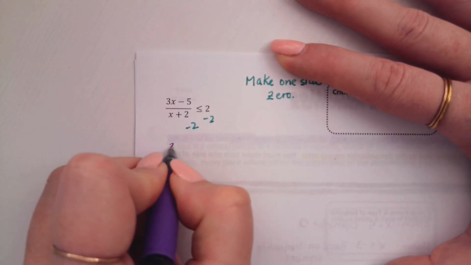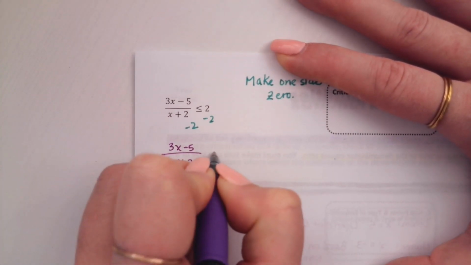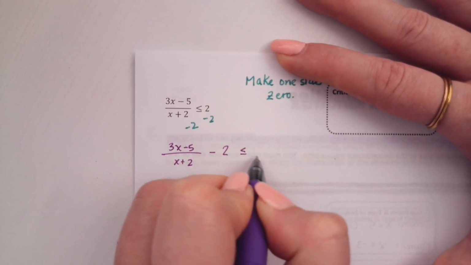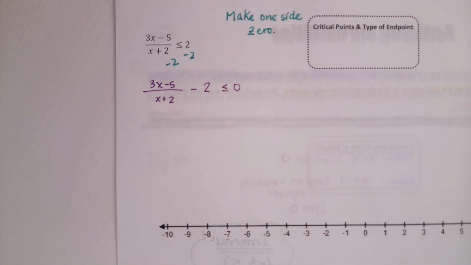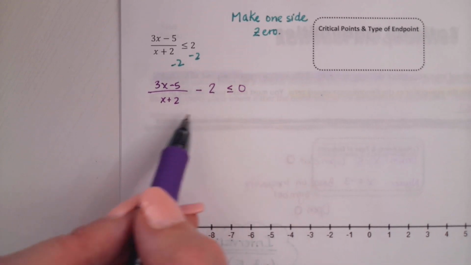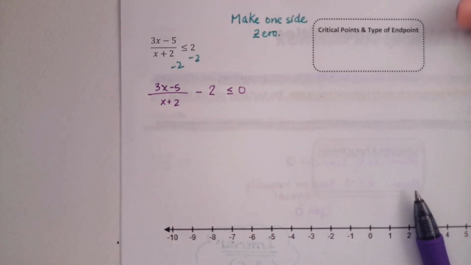So now I have (3x minus 5) over (x plus 2) minus 2 is less than or equal to 0. Okay, we got one side equal to 0, but I do just want one fraction on that left-hand side. We learned how to do this last week. This is technically adding and subtracting. I could get a common denominator.